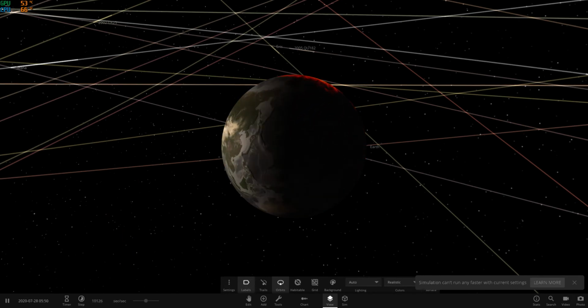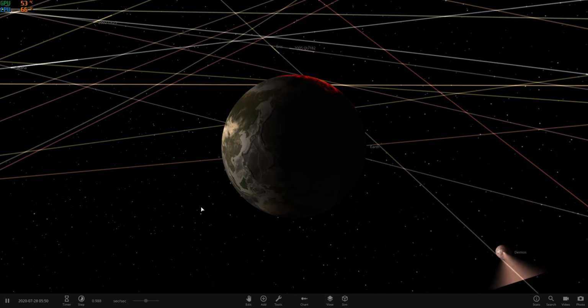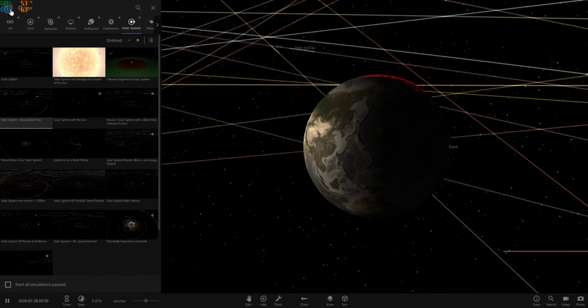Is what? You want me to set the graphics to low? Disgusting! I wonder what would happen. Oh god, I've just launched a random object.